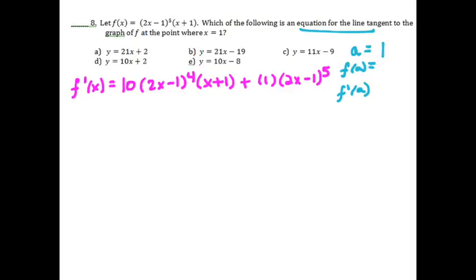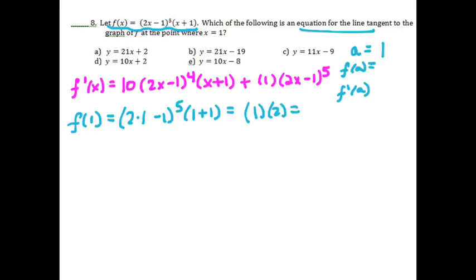For f of a, I'm going to substitute 1 back into f of x. And so f of 1 is equal to (2 times 1 minus 1) to the fifth times (1 plus 1). And this is equal to 1 times 2, which is 2. So our f of a value is 2. Now we need f prime of a, so that means f prime of 1.